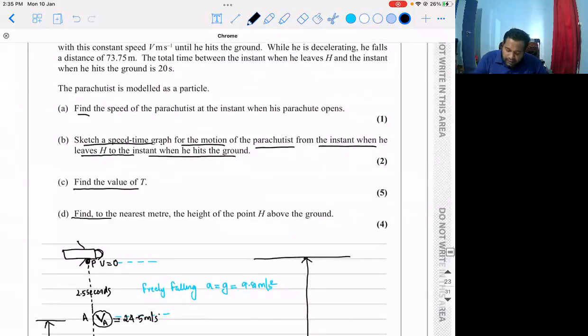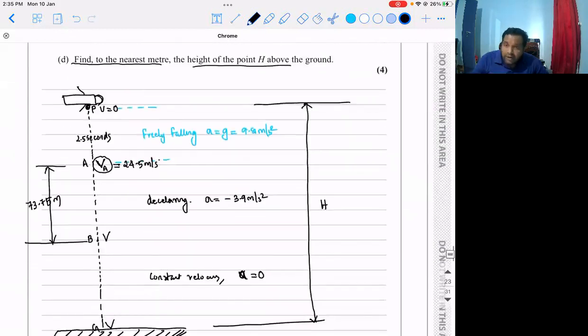Now, find to the nearest meter the height of the point H above the ground. So that means we are in a position to find the total height. This total height we can split as a section from P to A to B, and B to G, that is the ground. We don't know that speed, but is it possible to find that speed?